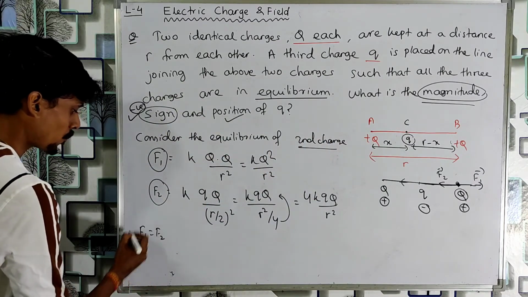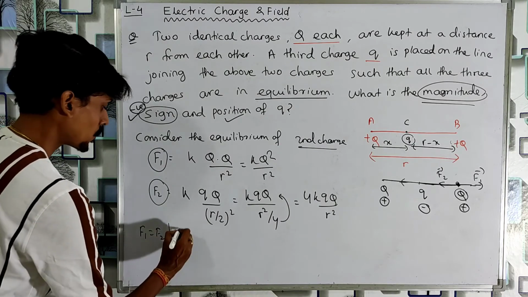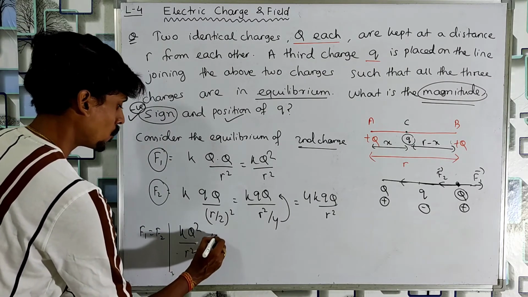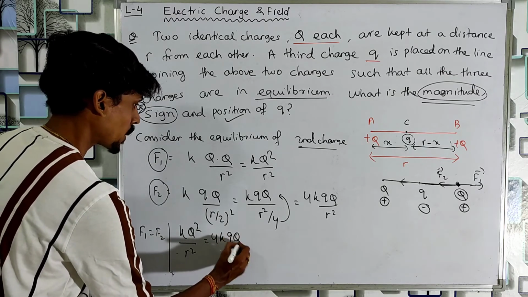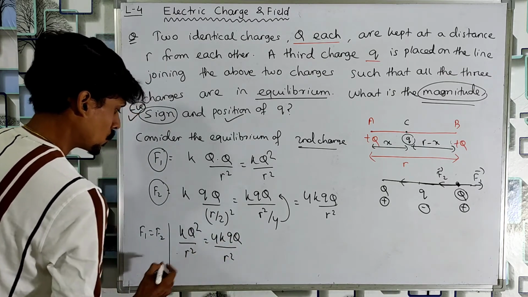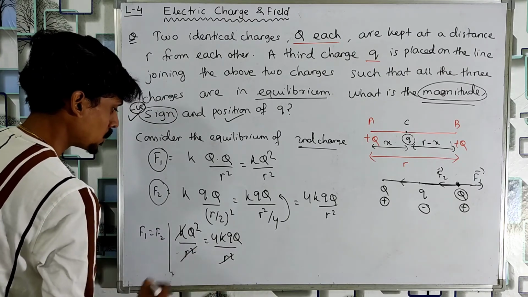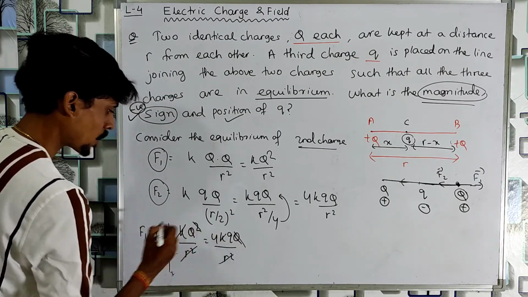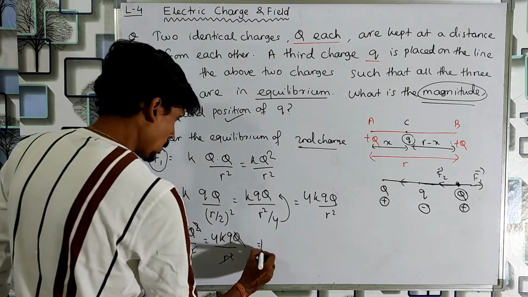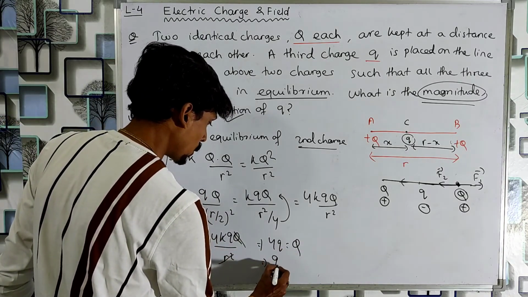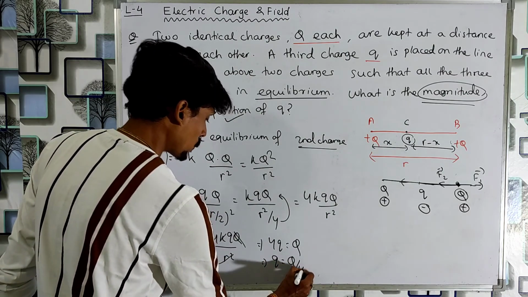So if I put F1 equal to F2 then I will get k q square by r square equal to 4 k small q capital Q by r square. So k cancels, r square cancels, q cancels. So 4 small q equal to capital Q, that implies small q is capital Q by 4.